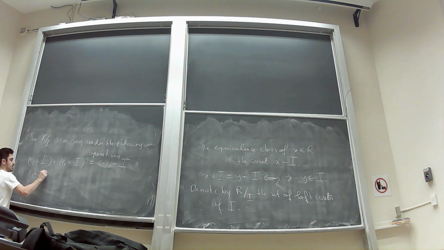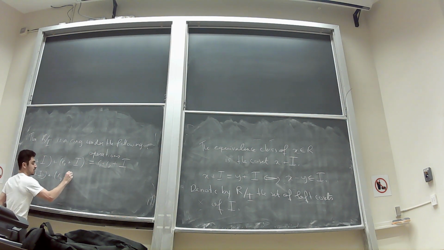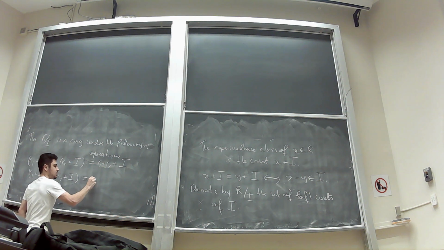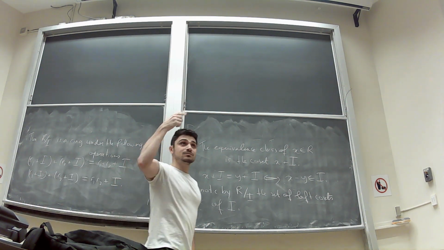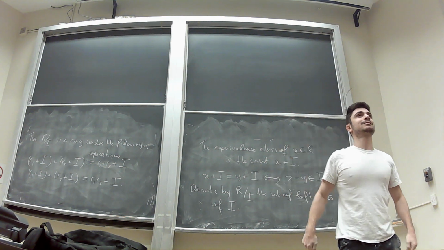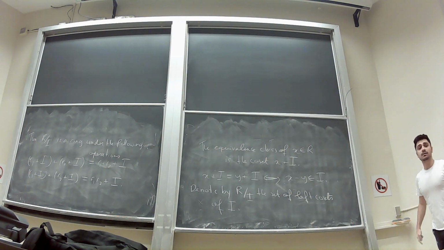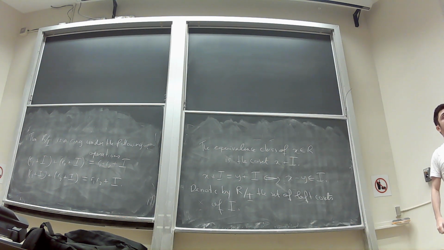R1 plus I times R2 plus I. How do you define this? This is just R1 R2 plus I. This is how you define the multiplication. Now what do we have to show when I define multiplication and operations on cosets? Well defined.